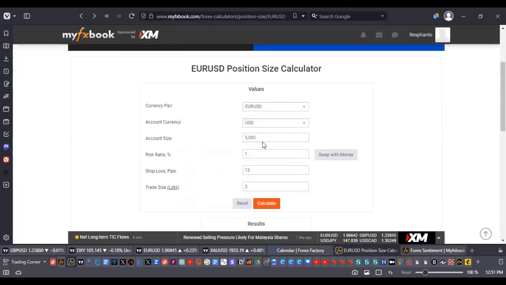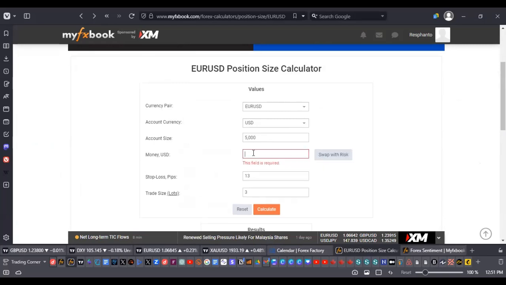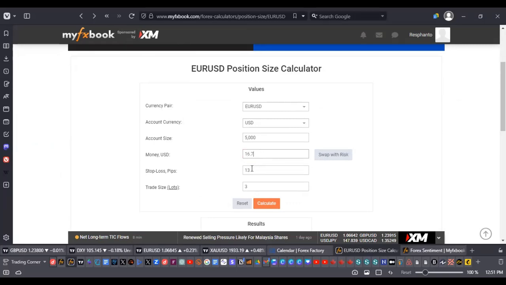Now, remember it's $5,000, but because we've actually divided our risk, which is $50, into 3, we'll not be operating with percentage now, right? We'll be operating with the actual money. So now we're going to use swap. Now we're working with $16.7.